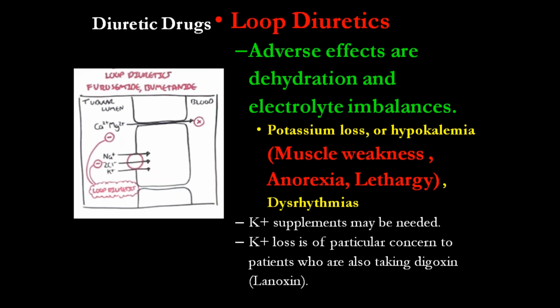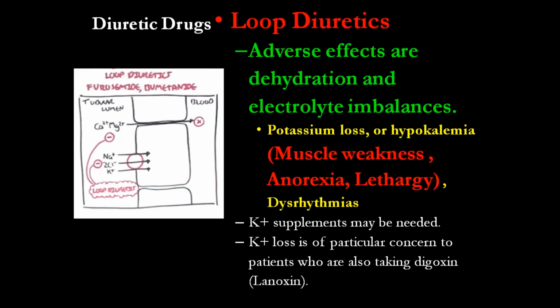So what does it mean? That you can lead into hyponatremia and hypokalemia. So any electrolyte imbalance, as we mentioned before, is going to cause muscle weakness, anorexia, lethargy, and dysrhythmias. Potassium mostly is going to have cardiac arrhythmias as a late side effect.